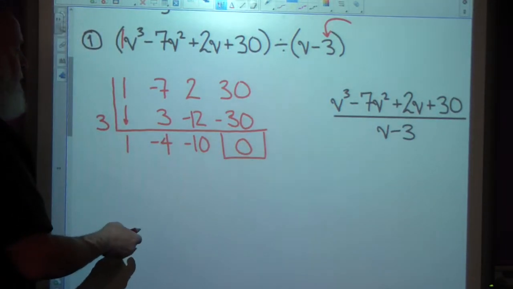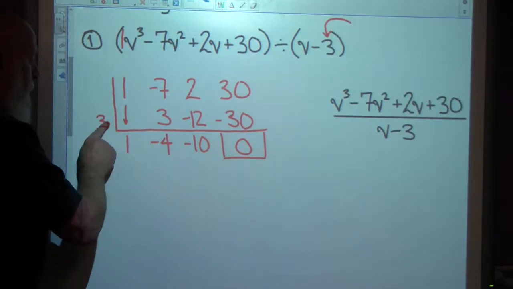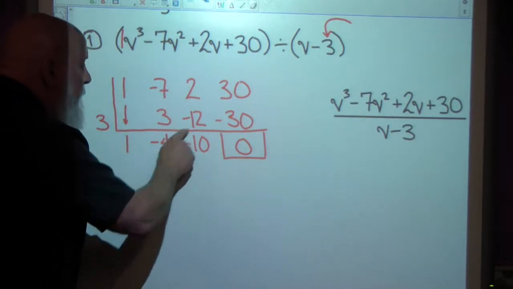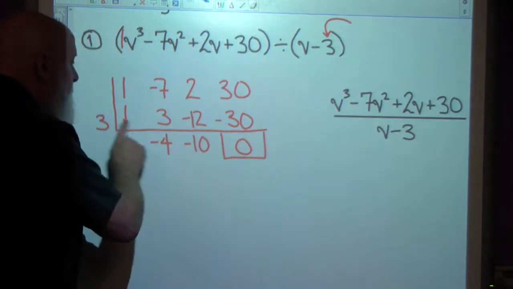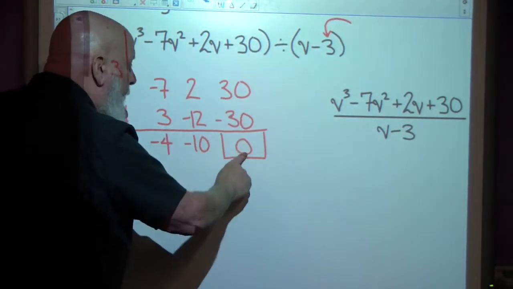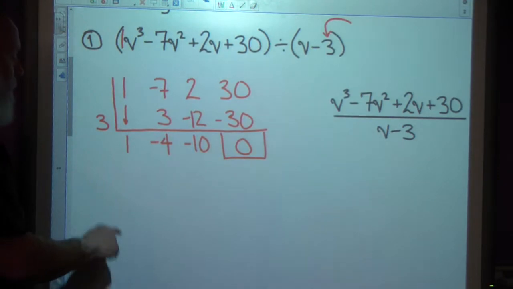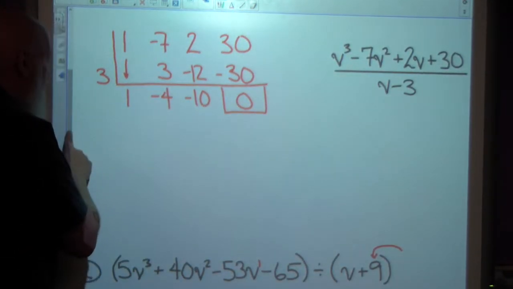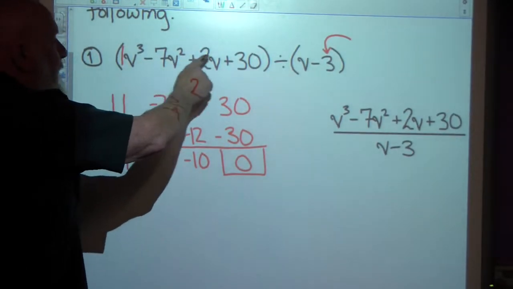Okay, so what I've done is I brought this one down, multiplied, put that here. Then I added, multiplied these two together and put it here, added, multiplied these two together and put it here, and added. I'm done with my synthetic division. What I'm looking at right here are the coefficients of my answer, and my variable is going to be v.